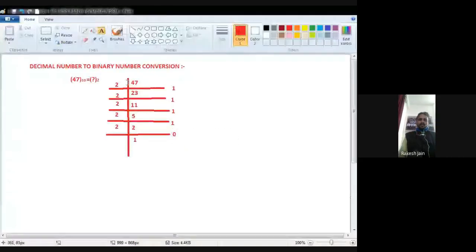Once again I will explain. Whenever a number is given in decimal form and we have to convert it into a binary number, first of all divide that number by 2. So here 47 is divided by 2. 23 times it will be completely divided, and the remaining number is 1. I write down the remainder at the rightmost side.